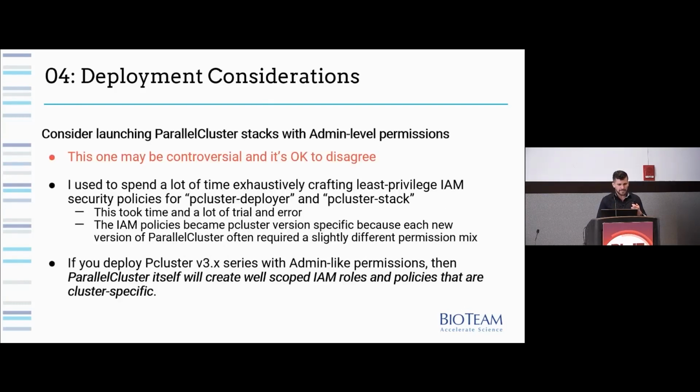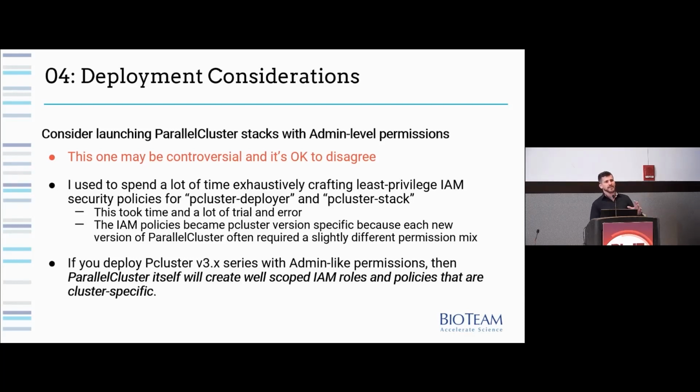All right, there's this idea in ParallelCluster that you're giving ParallelCluster admin level permissions when it launches. That seems problematic, especially when you go to your cloud team and say, hey, I want to use ParallelCluster, also give me full access to this AWS account. And they're like, I don't know if that's a good idea. And also, I'm going to hand it right over to a scientist, right? That seems problematic. But the alternative is creating these really complicated IAM policies where you list out everything ParallelCluster needs.